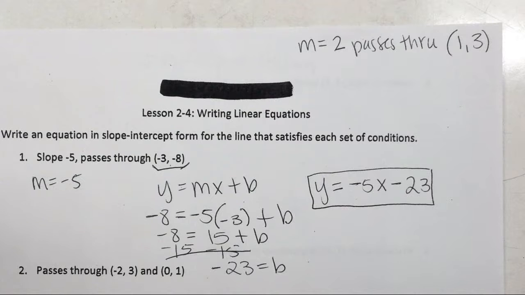I'll call on somebody in just a second, and whoever I call on, if you get it correct, you can get this team. Work it on your own, just like we did that one. So slope of 2 passes through 1, 3. Try that one on your own.